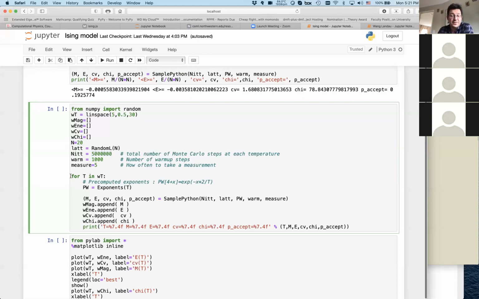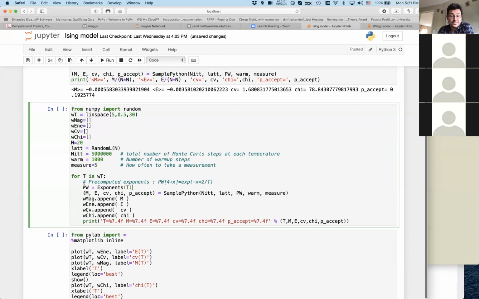Okay, so what we do now is very simple. We first pre-compute the exponents that correspond to this particular temperature. Here is the loop over temperature, so whenever the temperature is changed, we pre-compute the exponents. Then we run the simulation at that temperature with those exponents, PW. The rest is kind of obvious. We give the current lattice heights and so on.